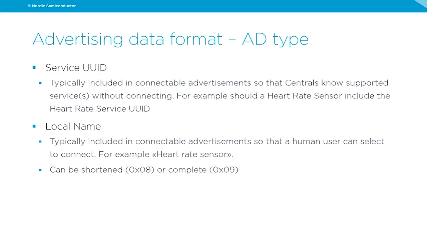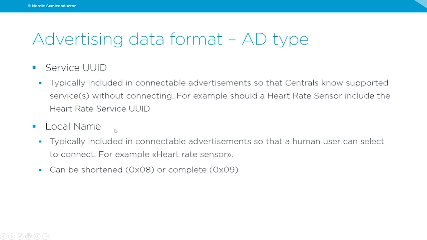If you have a heart rate sensor, it should include the heart rate service UUID in the advertising packet, so that when a central device scans for a heart rate sensor, it will find this UUID and know that this device supports heart rate, and it can connect to collect heart rate data from this device.